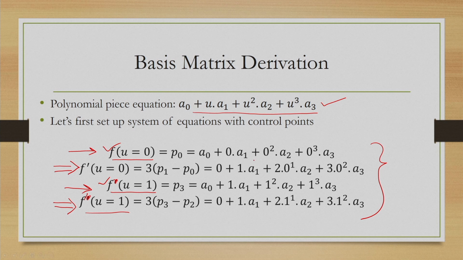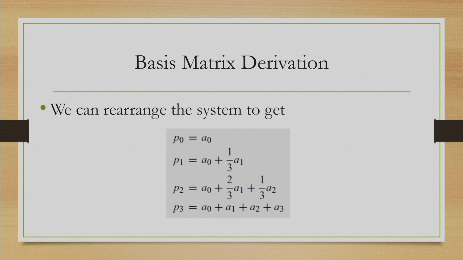So, for each we can replace u with the corresponding value and then get the set of equations as we have seen earlier. From this set of equations we can rearrange and get this form shown here for the control points.